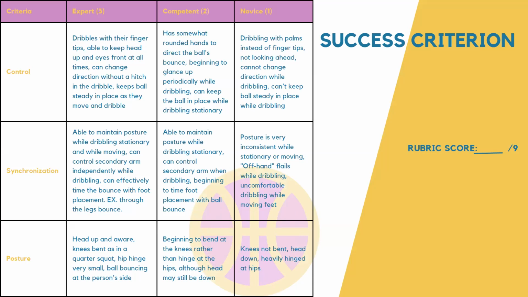With the ball, are they dribbling with their palms as opposed to their fingers? Just little nuanced things that people might not understand when they first get into dribbling a basketball, but will eventually get over time.